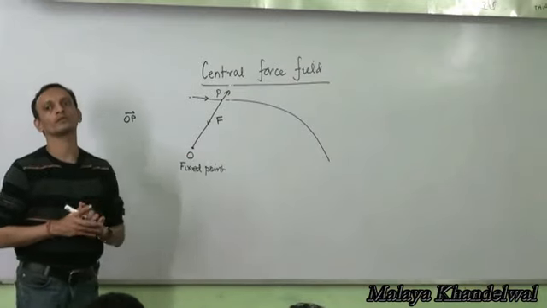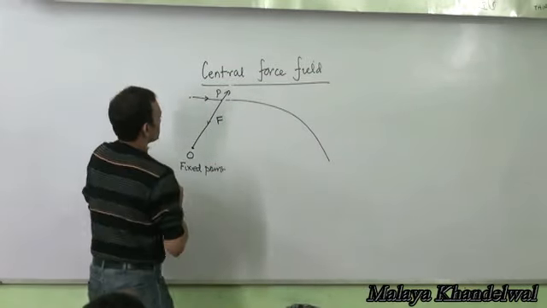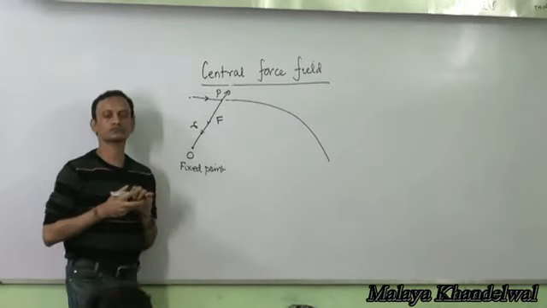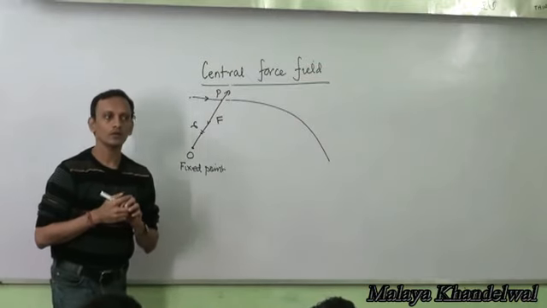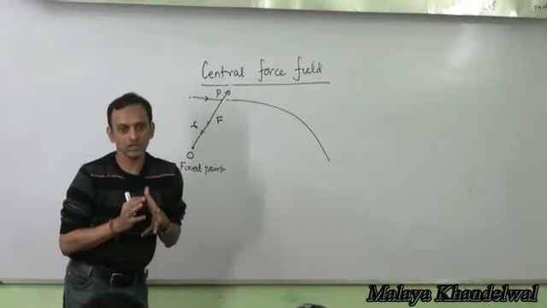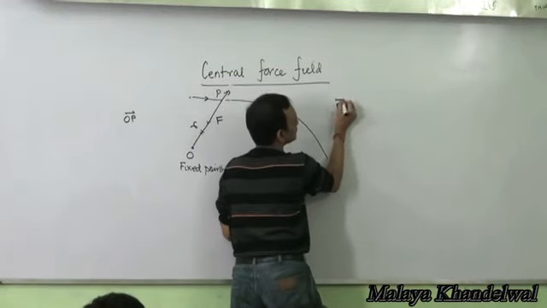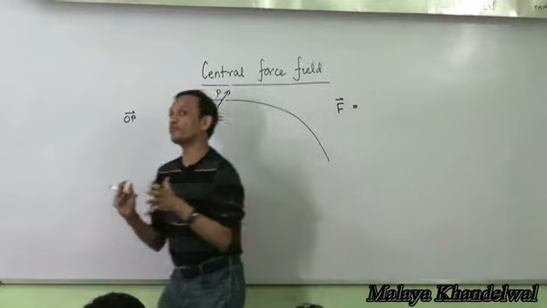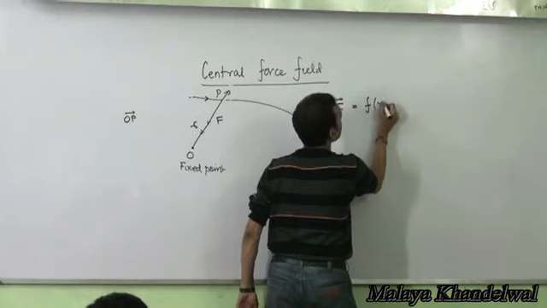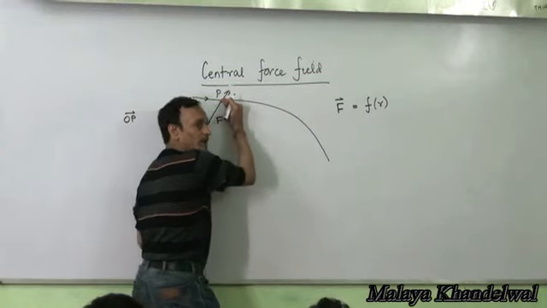Now, at any point P, where OP is R, if the force experienced by a particle is of the form some function of R, where R is the distance from the point O to where the particle is.